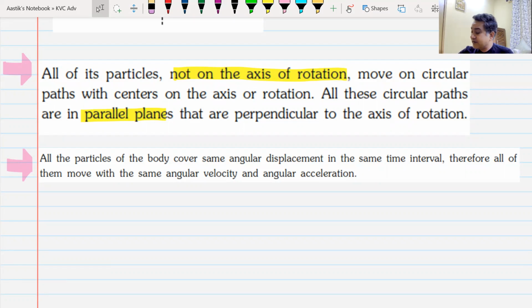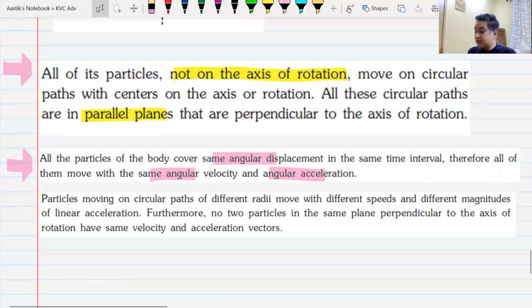All the particles have the same angular displacement, the same angular velocity, and the same angular acceleration. Do we understand this? Yes, sir. They have the same angular quantities, but if you talk about their linear quantities, their tangential velocities, they are all going to be different if they don't lie on the same radius.